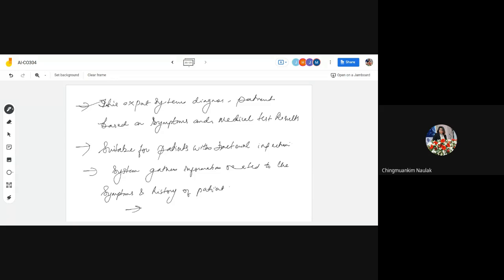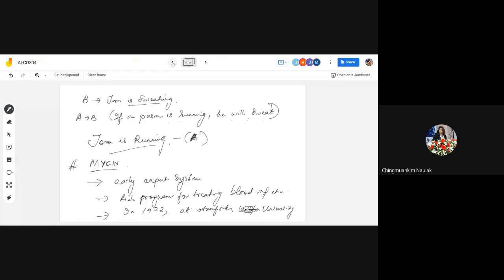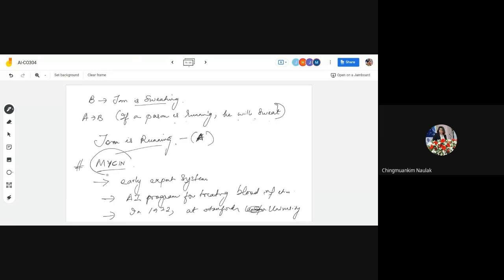Using this available data, you can conclude that the patient has typhoid, which is a salmonella bacterial infection. I think it's there in the reference that is given to you. If you don't find it there, you can Google it and see a little more information about this.